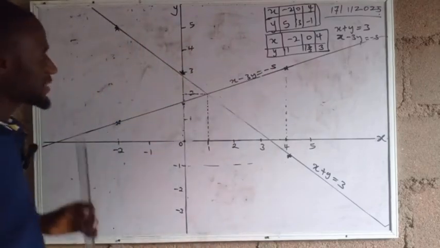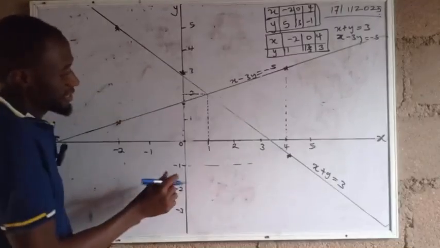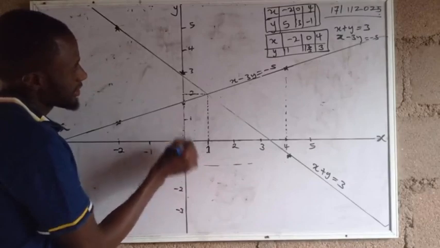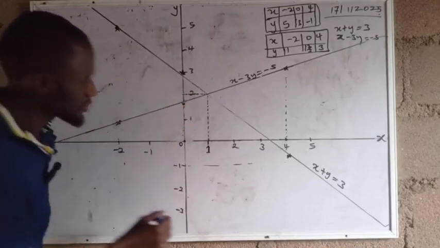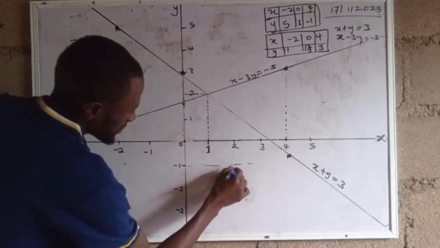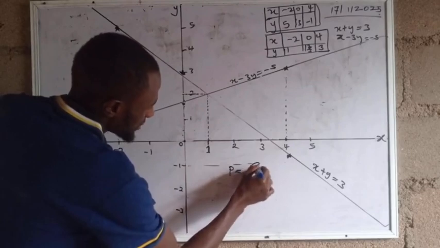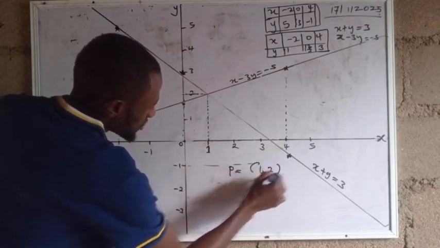Our point here is 1 and 2. In the x-axis 1 and in the y-axis 2. That is our point of coordinates is 1, 2.